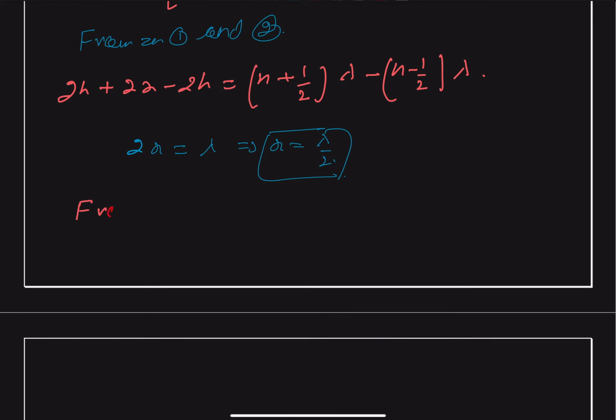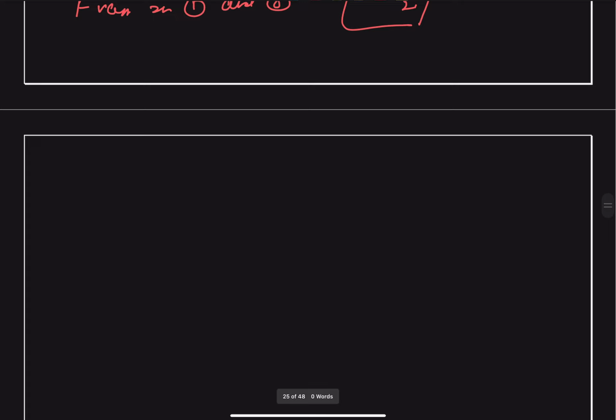You can say from equation 1 and 3, this will be also giving us that our x is equal to lambda by 2. Whether we move upward or downward, the value of x will be the same. We already know lambda. So we can say that our x will be equal to 600 nanometer divided by 2. So this gives us that our x will be equal to 300 nanometer.